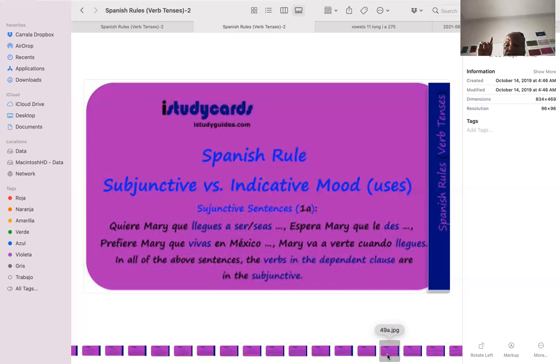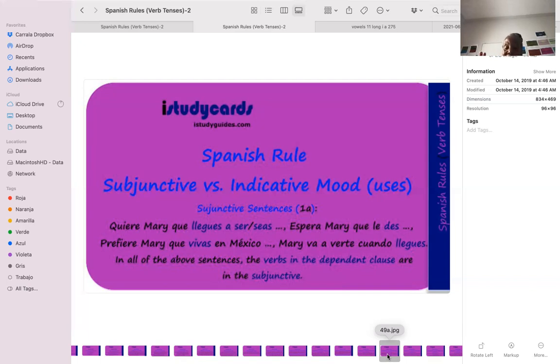You only use a subjunctive in this type of structure if you're talking about what one person wants or hopes or is waiting for from another person, not from oneself, but from another person.